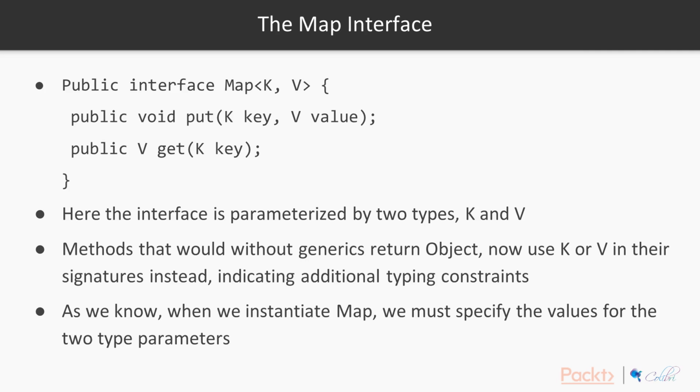Methods that without generics return a type of Object now use K or V in their signatures instead, indicating an additional typing constraint. This allows the compiler to know what's going to happen when we call put and when we call get, and therefore it allows the compiler to enforce the correct type behavior. And as we know, when we instantiate Map, we must specify the values for the two type parameters.